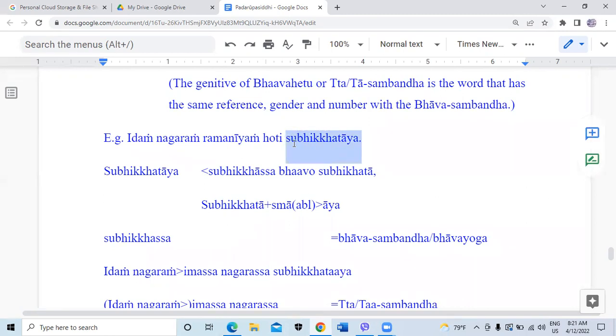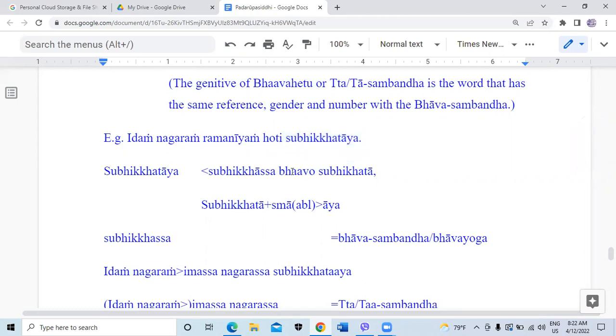Mostly this is tata sambandha, the genitive of the reason, which is generally not mentioned. So why do we study here? To understand better, not to misinterpret. Sometimes we can see the genitive of this bhava hetu also.